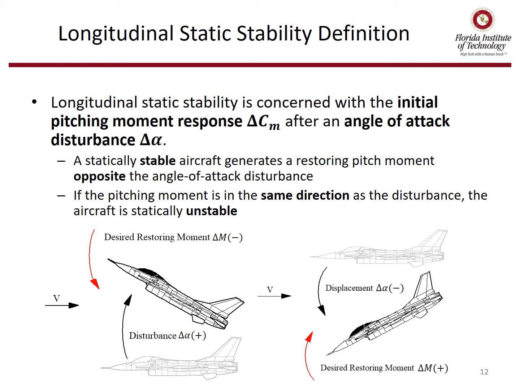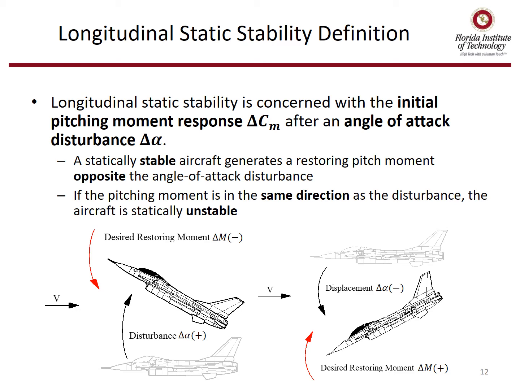Longitudinal static stability is concerned with the initial pitching moment response, that delta pitching moment, when there's a disturbance in angle of attack, or delta alpha. A statically stable aircraft will generate a restoring pitch moment opposite the angle of attack disturbance. What do I mean by this? If I have an angle of attack of, say, 6 degrees, and then I get bumped to 8 degrees, we want the airplane to push the nose back down to go back to the trim angle of attack of 6.